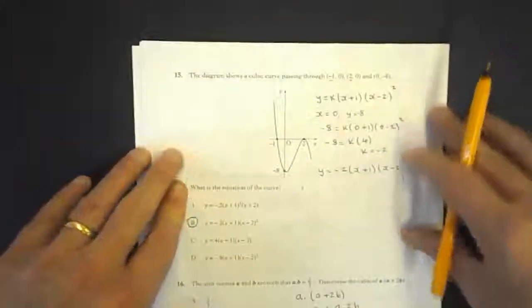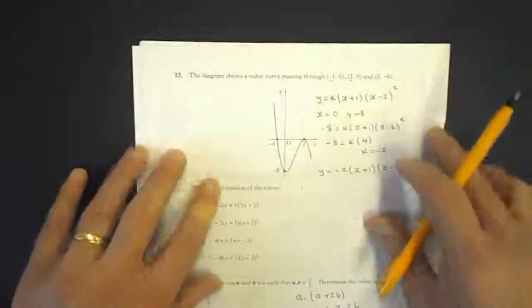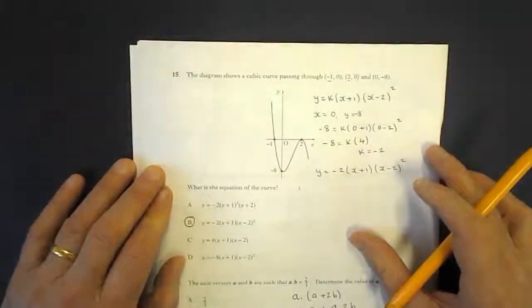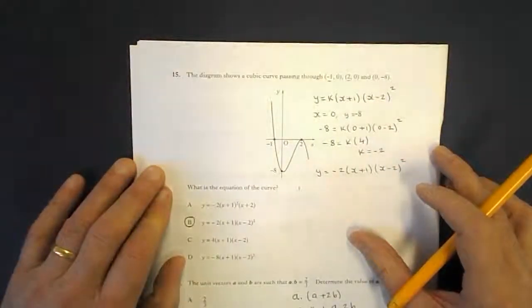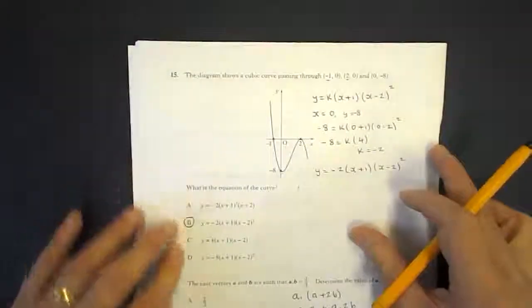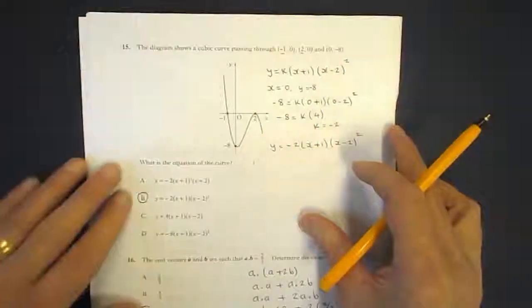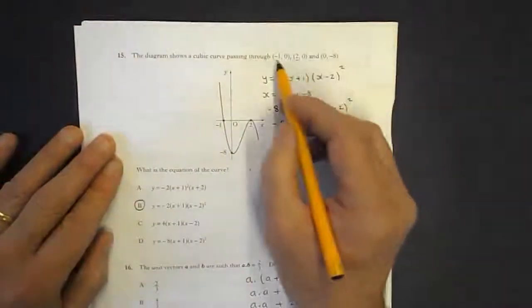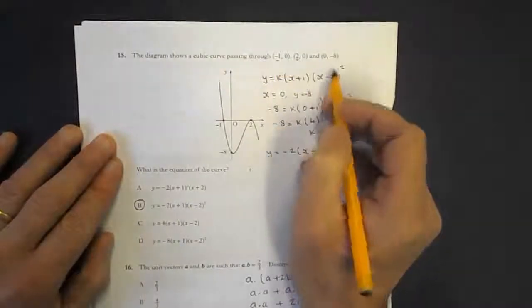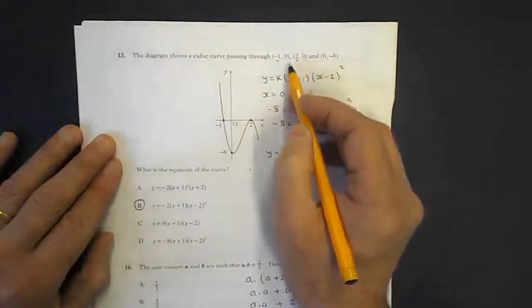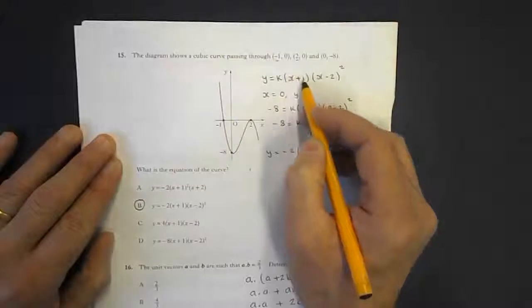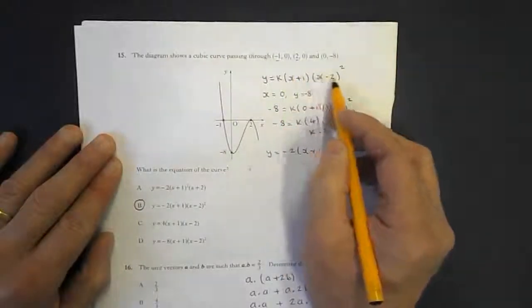Question 15, here we go. Right. The diagram shows a cubic curve passing through minus 1, 0, 2, 0 and 0, minus 8. What is the equation of the curve? Okay, right, well the roots are minus 1 and 2. This means that the factors are x plus 1, the opposite to that, and x take 2.